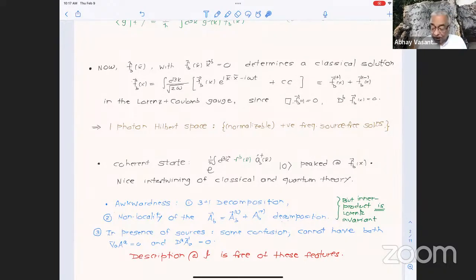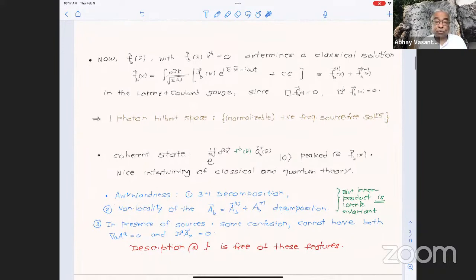Now, this is all very well known, but often is not brought to the forefront in most textbook presentations. And so I want to emphasize that there is a nice intertwining between classical theory and quantum theory. Namely, on the one hand, a positive frequency classical solution represents an element of the Hilbert space, a one photon state. But of course, I can superpose those one photon states and get a coherent state. So the classical solution corresponds both to a coherent state and also a one photon state.